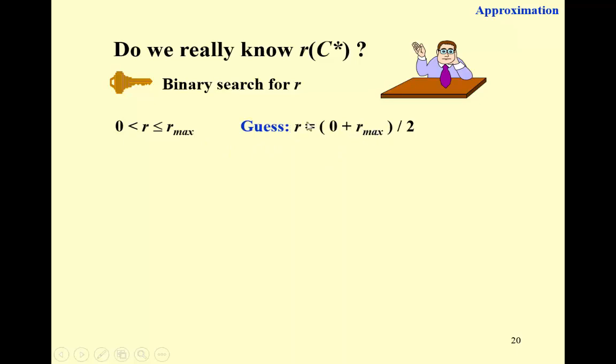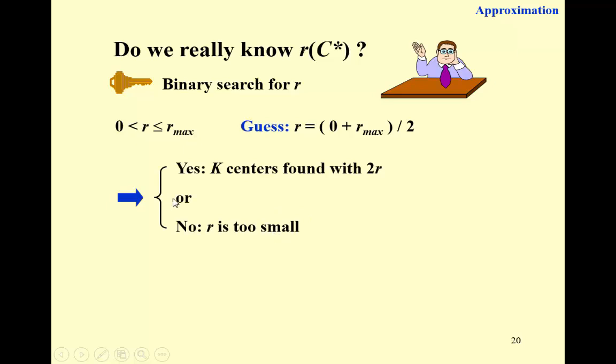So let's plug it into the greedy algorithm and try to solve it for this r. And there are two possible answers. One is that we answer yes, that k centers are found with this 2r. That means what? It means that this r works, but we can probably get a better solution, that is a smaller one, so we can decrease the value of this r.